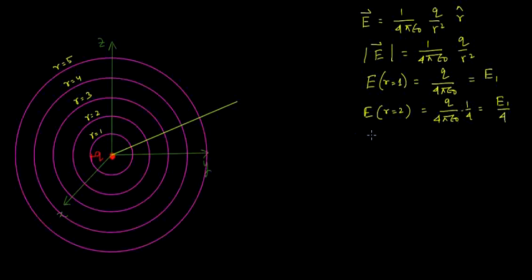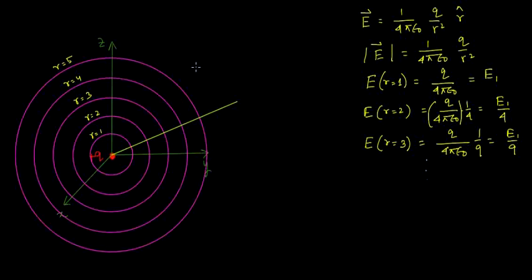Now what is E at r equals 3? That is Q by 4 pi epsilon 0 times 1 over 9, that is E1 by 9. So like this the field intensity falls by the square of the distance.